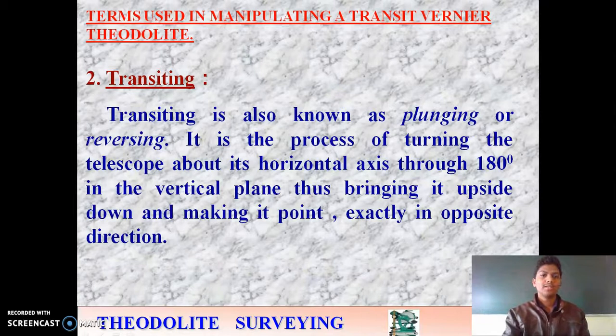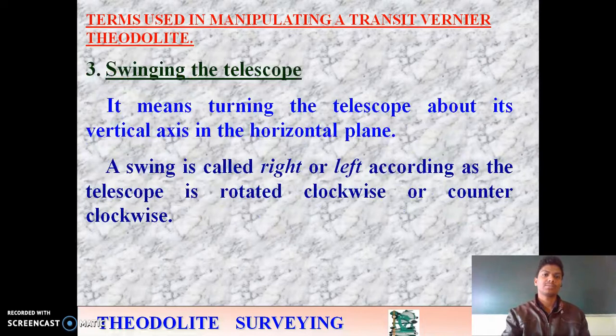Second is transiting. Transiting is also known as plunging or reversing. It is the process of turning the telescope about its horizontal axis by 180 degrees in the vertical plane, thus bringing it upside down and making it point exactly in the opposite direction.